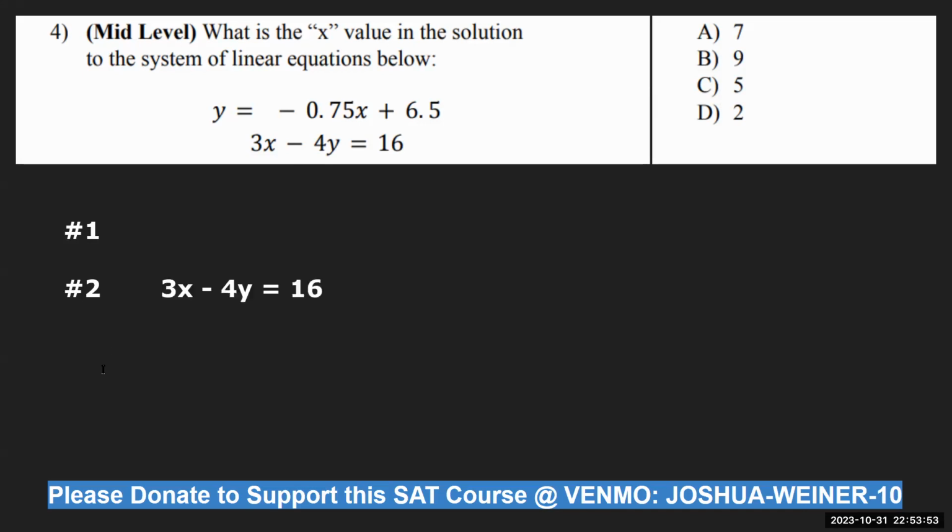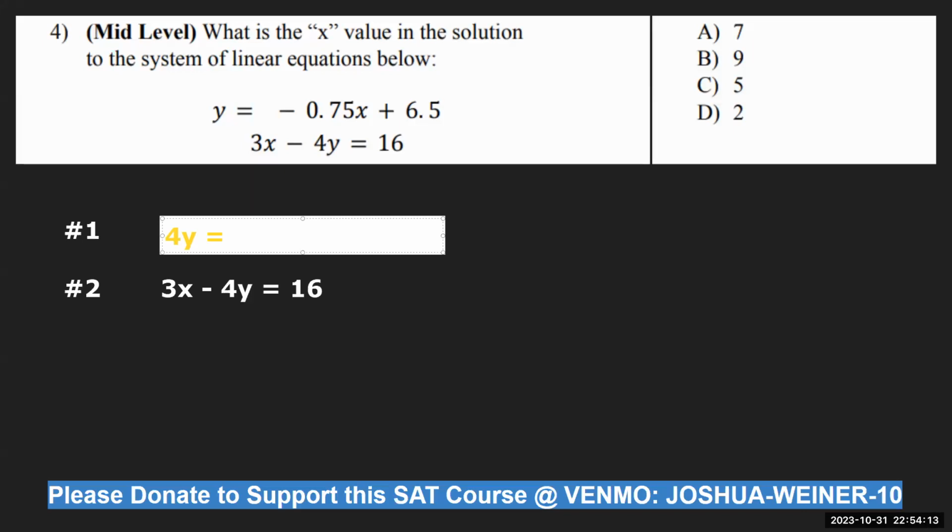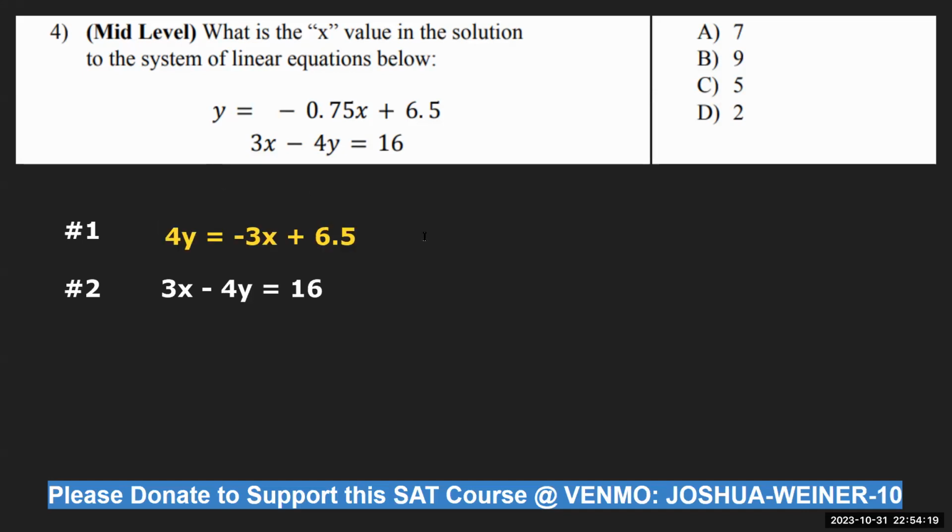But to set up for this, I'm going to take the first equation and multiply the entire lot by 4. Then we'll have 4y equals negative 3x plus 6.5. Next, I'll rearrange the terms of the first equation so that 3x is on the left side.